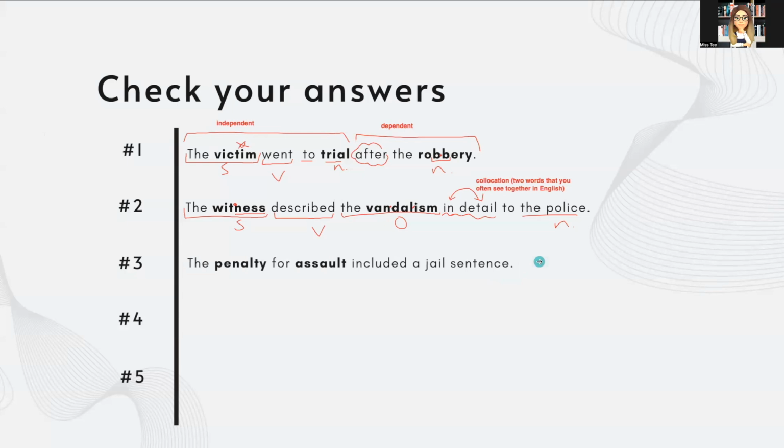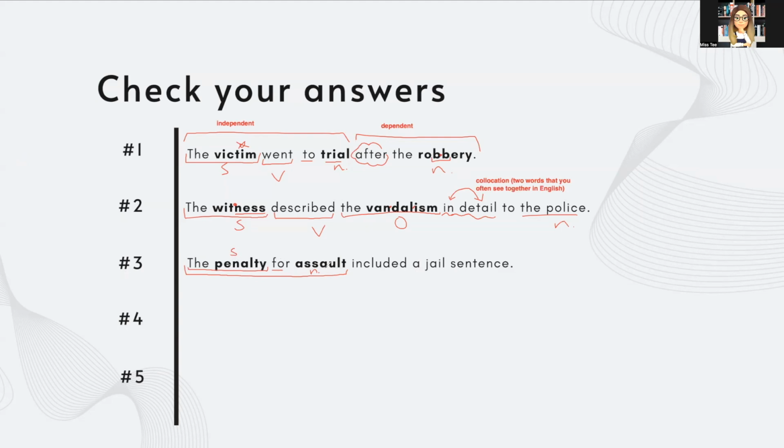Number 3, the penalty for assault included a jail sentence. So over here, what we have is kind of like a noun phrase. The penalty is the main subject here. And we have more context. So we have this preposition and then a noun. So it's saying the penalty, which is the subject of the sentence.